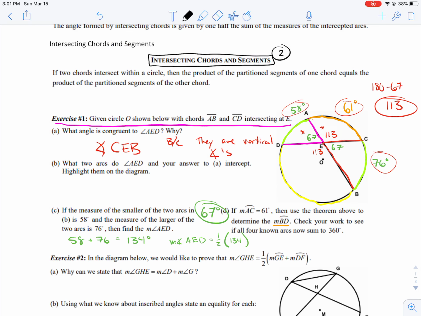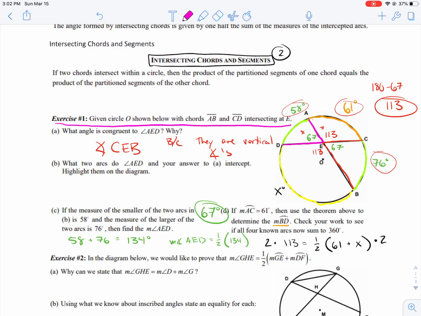Let's put what we know together. We know that 113 is equal to 1/2 of 61 plus some arc that we don't know. So we're just going to put x degrees. In order to solve this, I'm going to multiply both sides by 2.